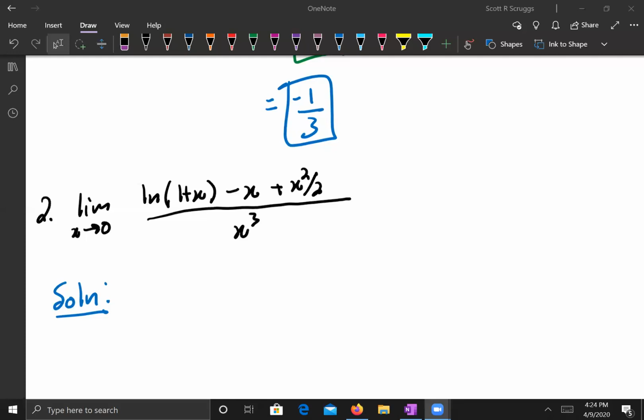All right. So give me a status report, y'all. How's the problem going? Luke, you said you're still trying to figure out the Maclaurin series for natural log of 1 plus x. All right. Out of curiosity, what did y'all get for the limit of this problem?